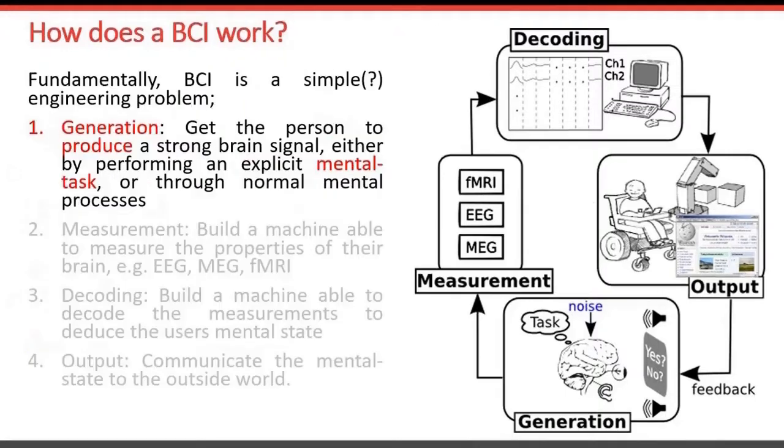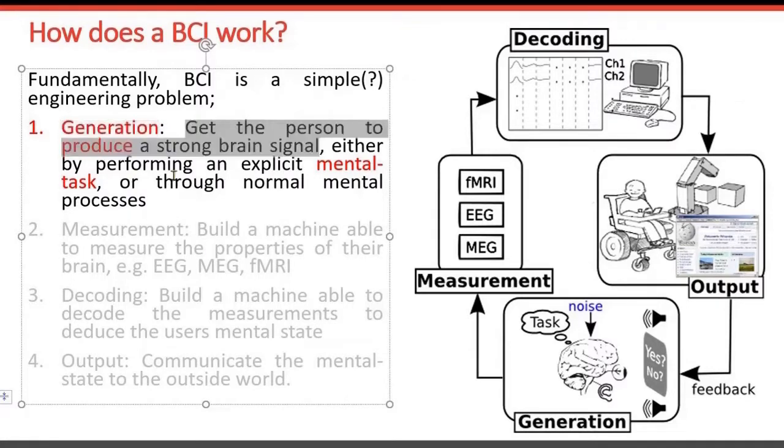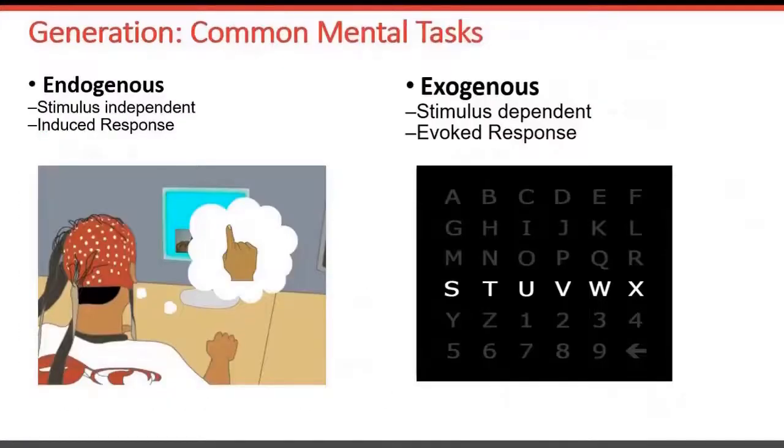Let's again talk about the generation details. Generation means getting the person to produce a strong brain signal, either by performing an explicit mental task or through a normal mental process. We will see shortly that there are different experimental paradigms that are used to get the strong signal from the brain. In the generation of brain signals, there are some common mental tasks in practice.